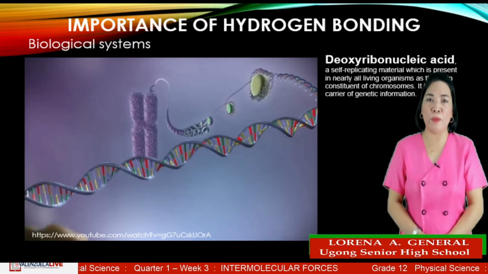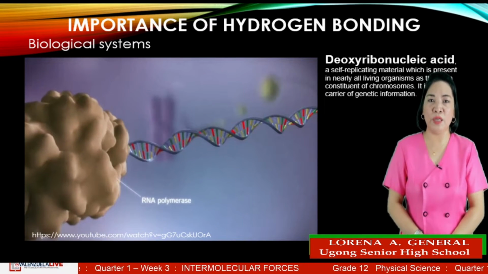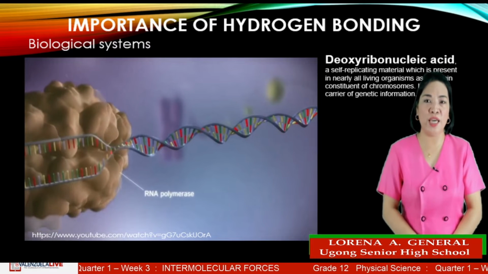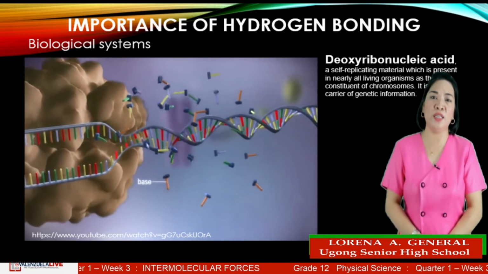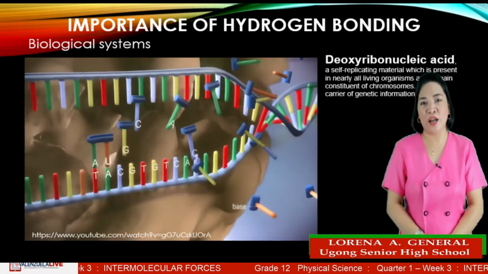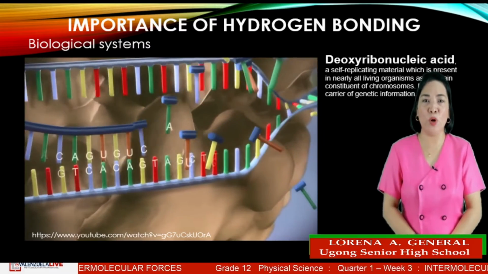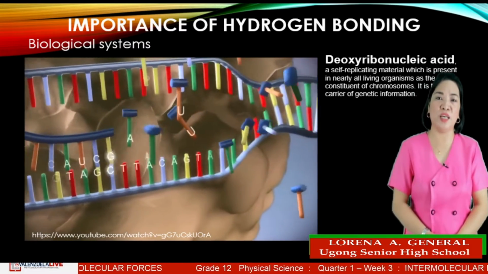Hydrogen bonds are responsible for holding together DNA, a self-replicating material which is present in nearly all living organisms as the main constituent of chromosomes. It is the carrier of genetic information. Hydrogen bonding is important in many chemical processes.